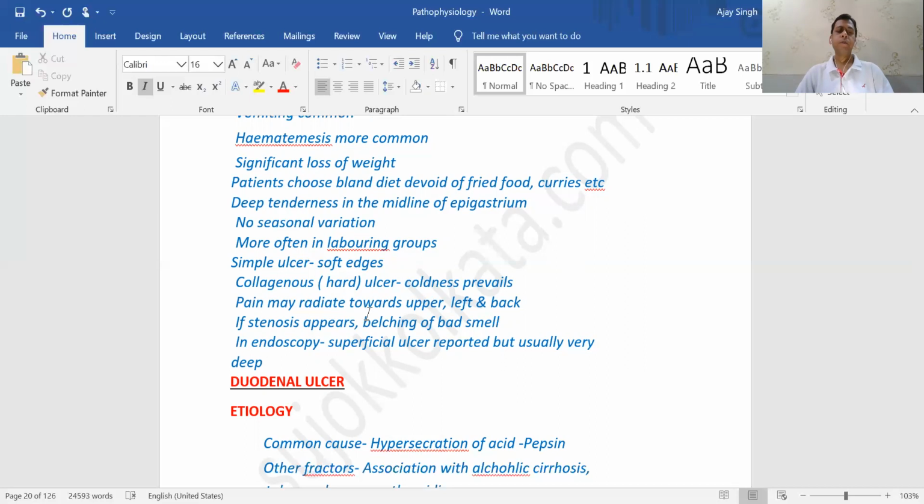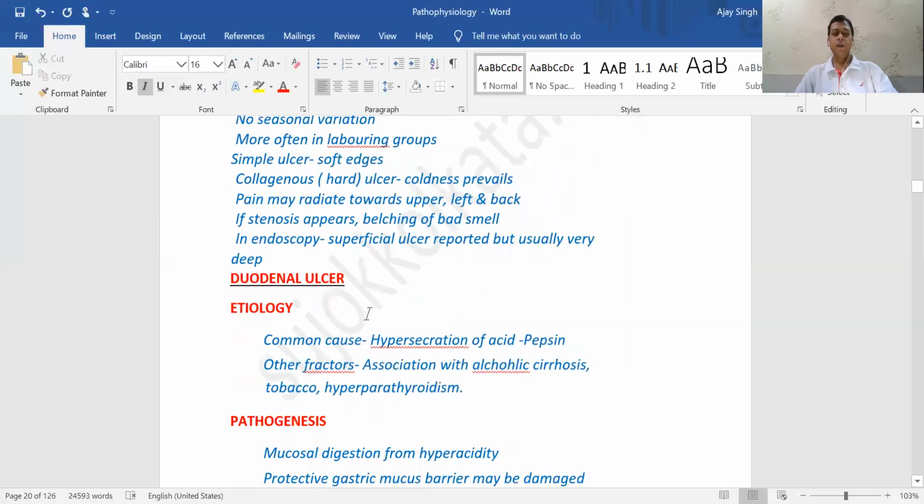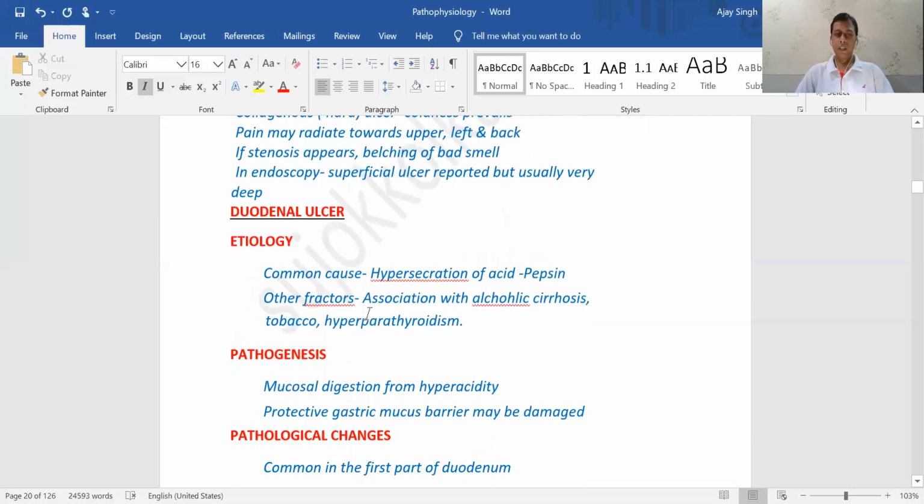If it is going deep, then we can understand the disease is going from the dryness stage to the coldness stage. In duodenal ulcer, the common cause is hypersecretion of acid, and that acid can disturb the mucous membrane of the duodenum.